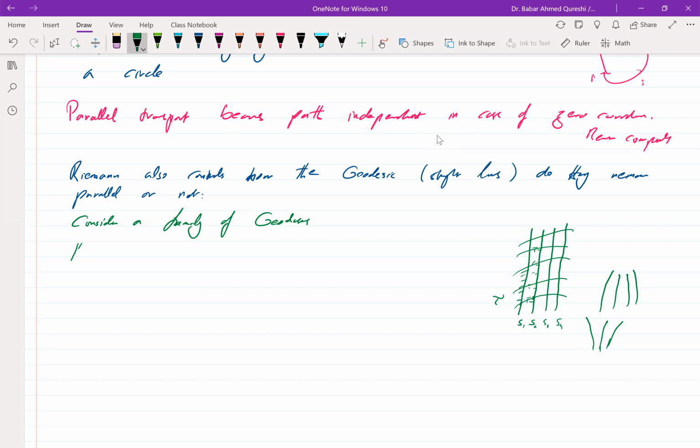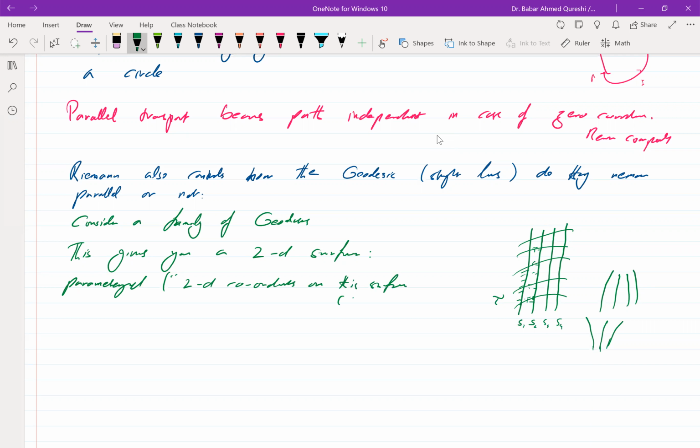So this gives you a 2D surface, which you have pretty much parameterized, or you can think of it as having put 2D coordinates on this surface.